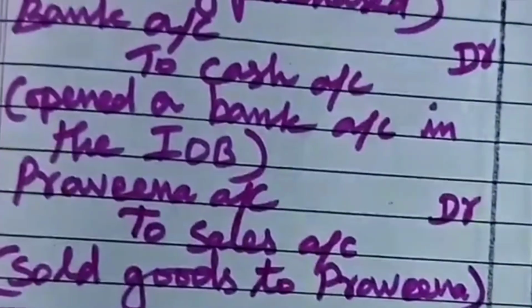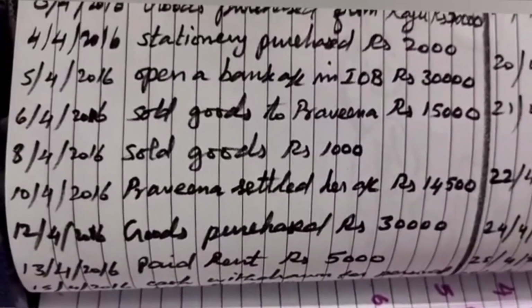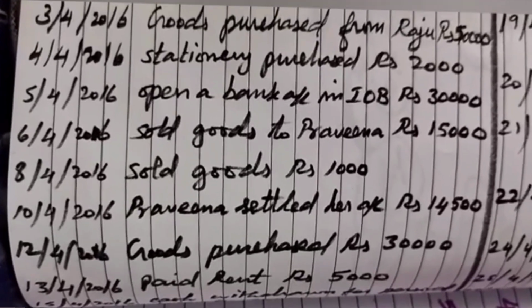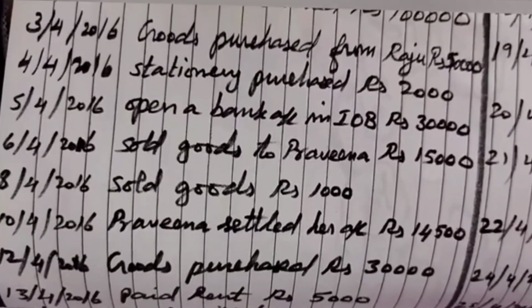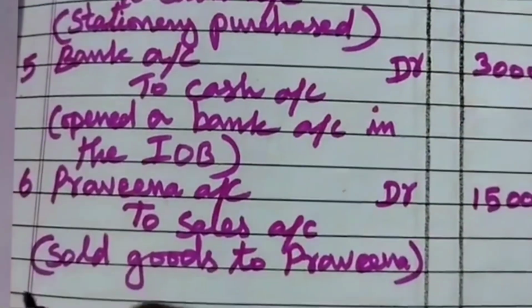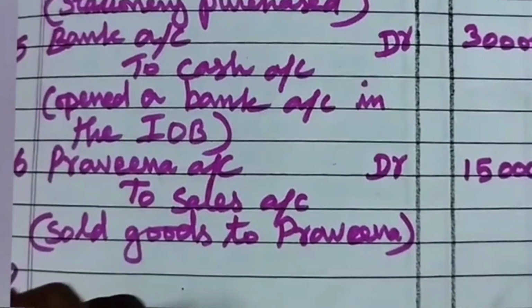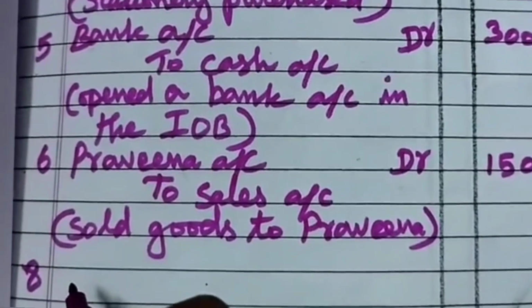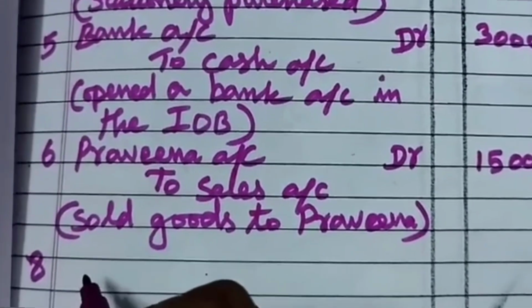Now we can go to the next transaction. Then what is the date? 8th April. Sold goods rupees 1,000. For that one we have to prepare the journal. Okay, 8th April. So we have to write 8 here. Then sold goods rupees 1,000. That means it is a cash transaction.